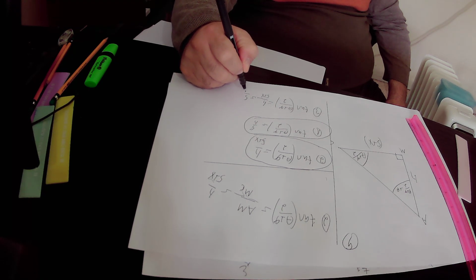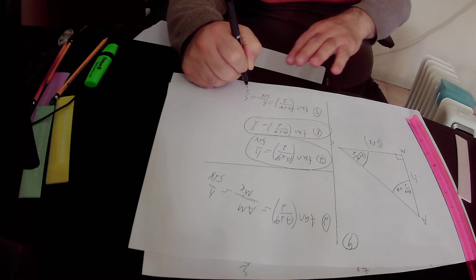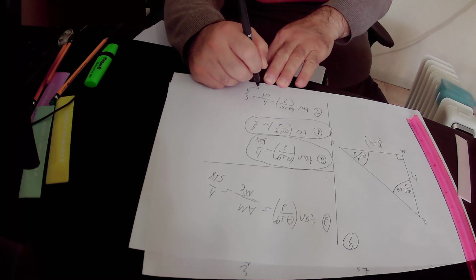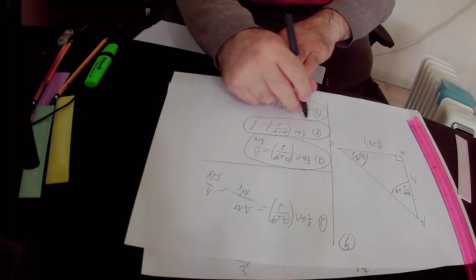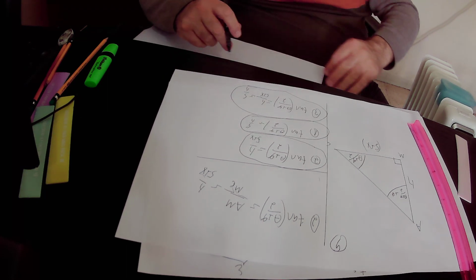So actually equation number 3 is the combination of equation number 1 with equation number 2. Okay?